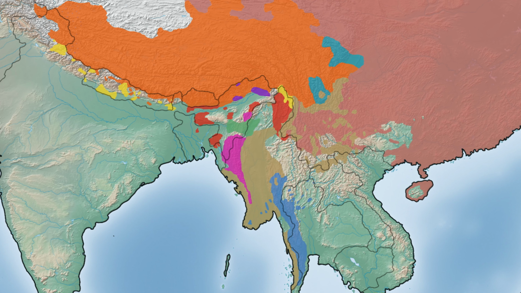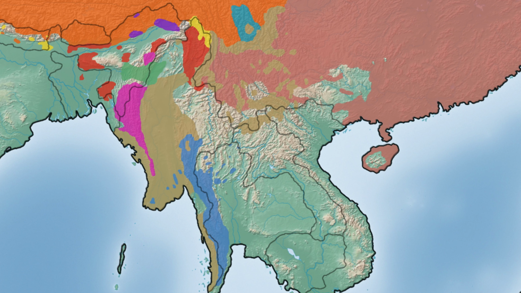The only one of these subfamilies with any large amount of speakers is Lolo-Burmese, with around 50 million speakers, the vast majority of which speak Burmese, which is the national language of Myanmar.